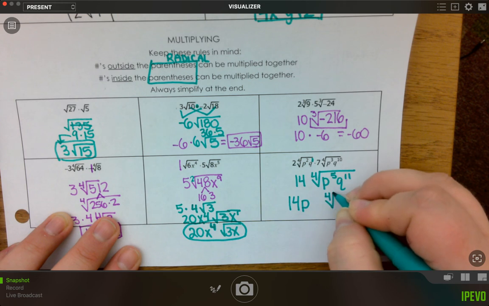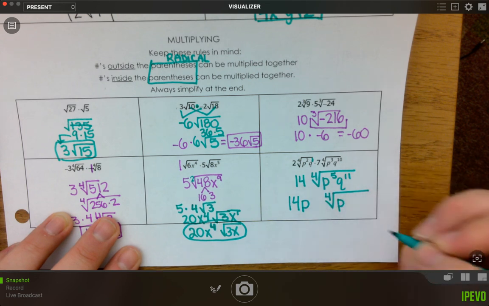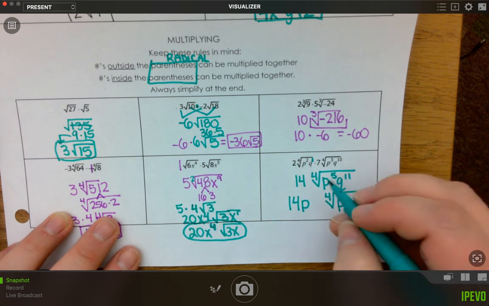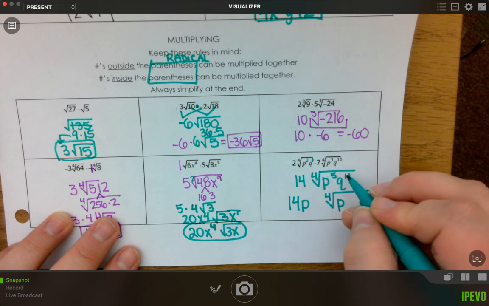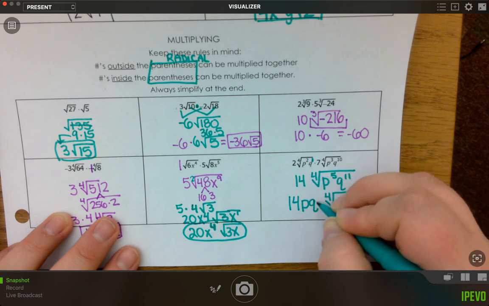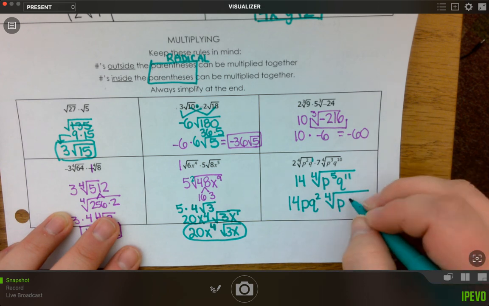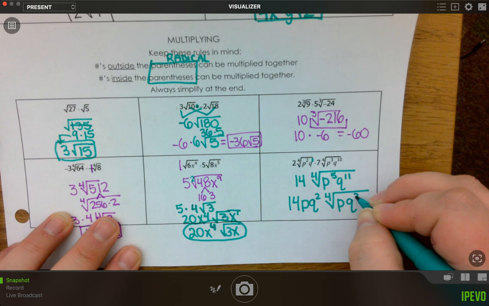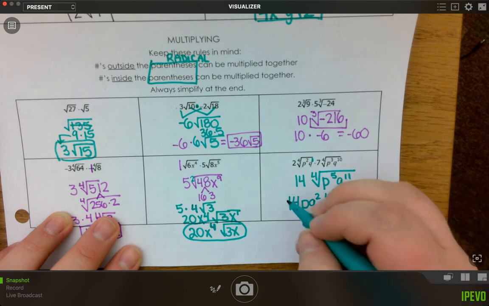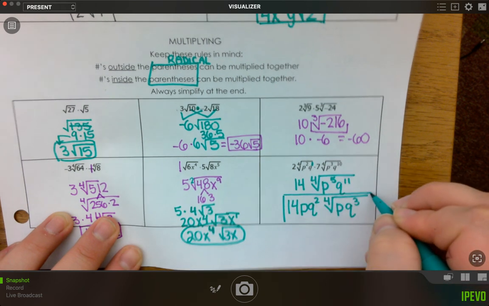And it has a remainder of 1, so you need to leave a p to the 1st power inside. 4 goes into 11 twice, so you're going to put q squared out here. That's only 8, so we have a remainder of 3 to get to 11. So q to the power of 3 is going to be left inside. And there you have it.